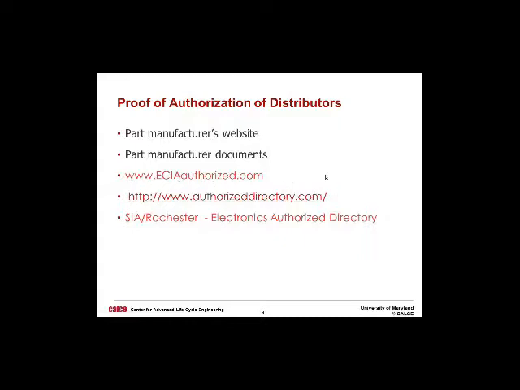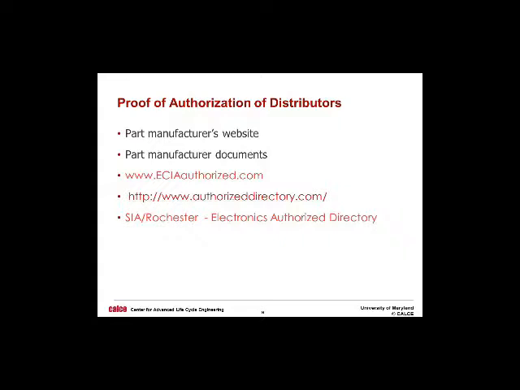This is maintained by the Electronic Component Association and Distributors Association, primarily focusing on passive parts, and the authorizeddirectory.com, that is maintained through SIA, Semiconductor Industry Association. And SIA also came up with a booklet some time back. I'm not sure when they last updated, and an authorized directory.